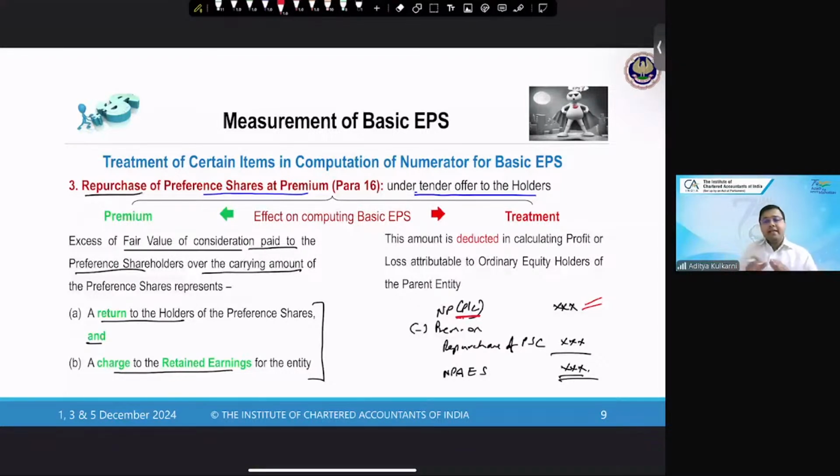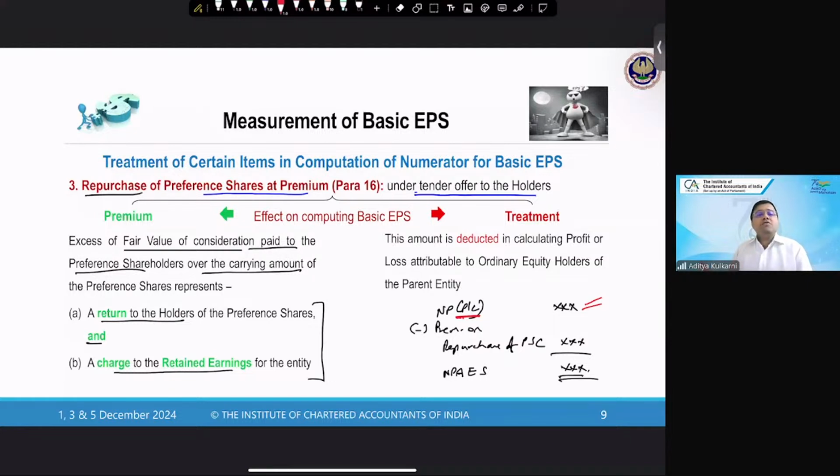It is hitting the equity balance. It is not hitting the P&L. So your P&L is higher. But you are using the profit to give something extra to preference shareholders. Yes or no? And because you are giving something extra to preference shareholders, where are you giving it from?